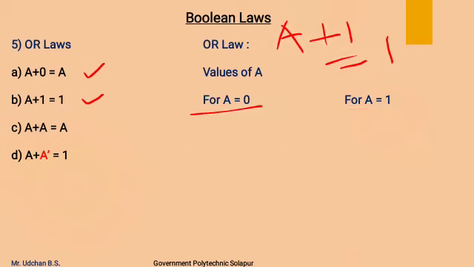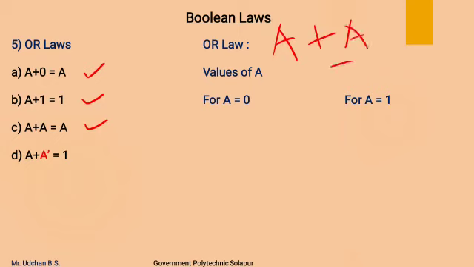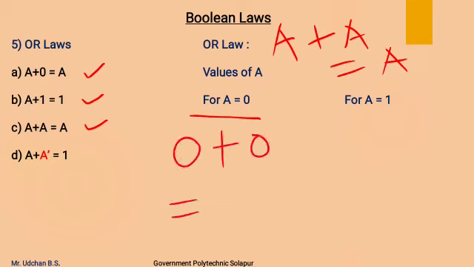Third OR law is a plus a equal to a, that is a ORed a equal to a. A ORed a will give you a. For a equal to 0, again 0 ORed 0 you will get 0, which is nothing but the value of a which we have considered over here.